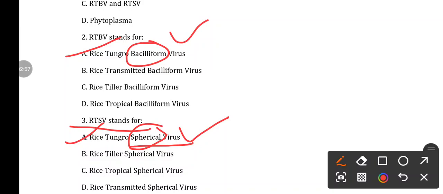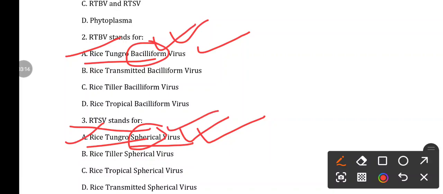Why are these named differently? Because they are different in shape and size. This one is bullet shaped and this is spherical. Not only shape, in terms of genome also they are different. We will discuss that later.